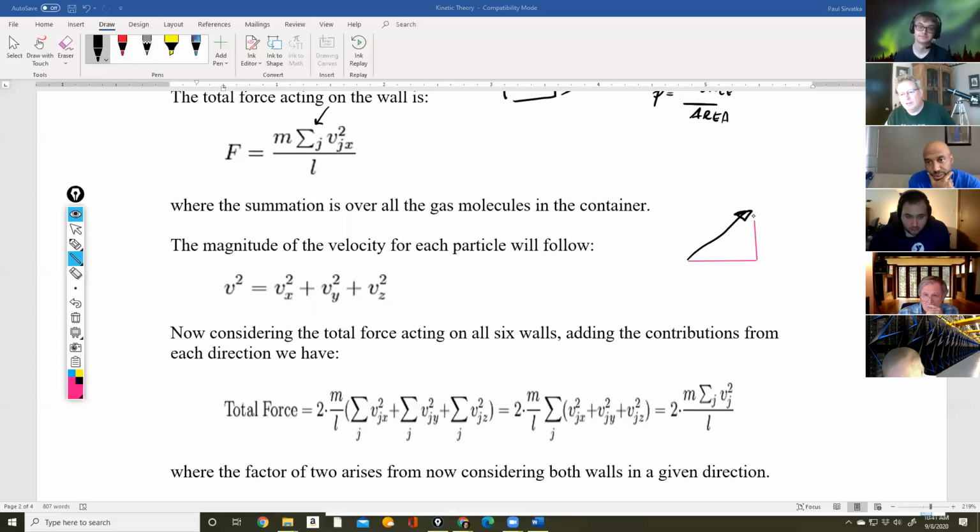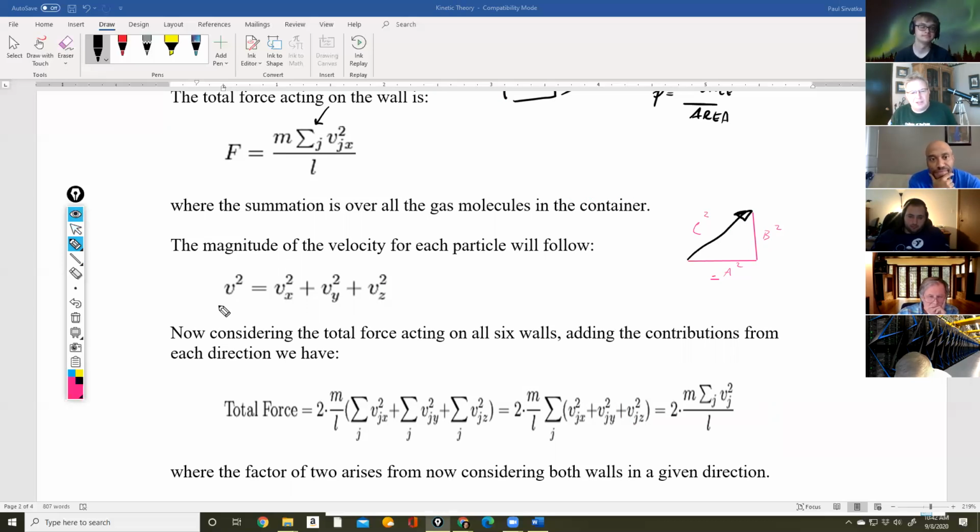This side squared plus this side squared equals c squared. That's Pythagorean's theorem. If I did it in 3 dimensions, I get another triangle with a 3rd dimension.